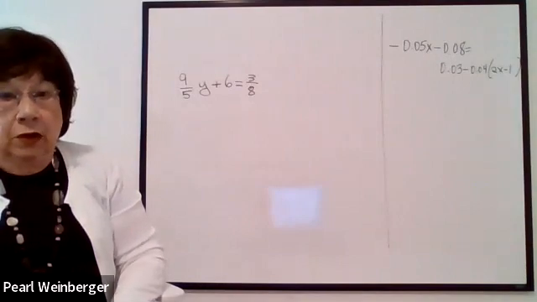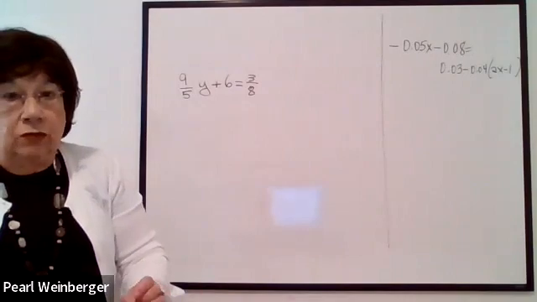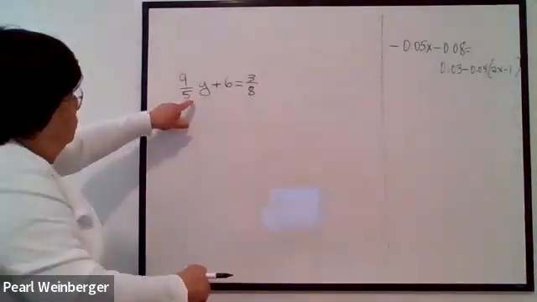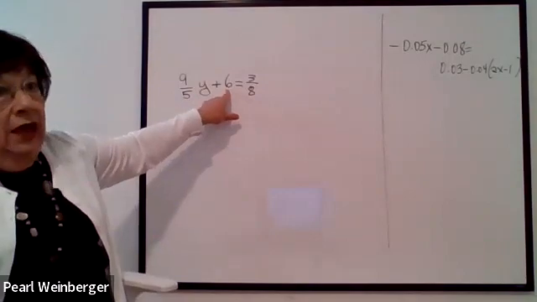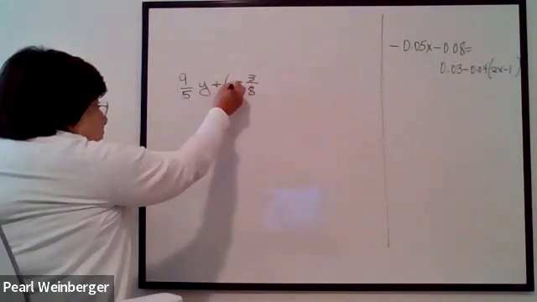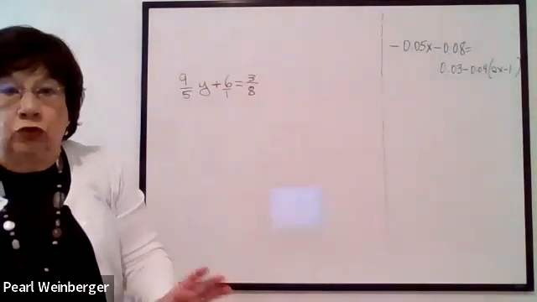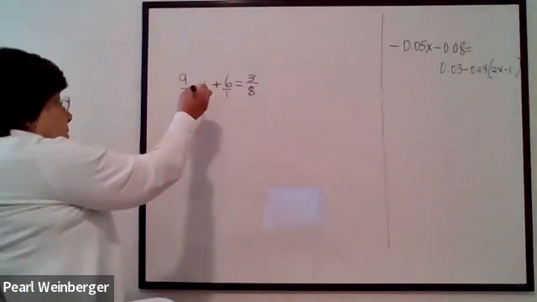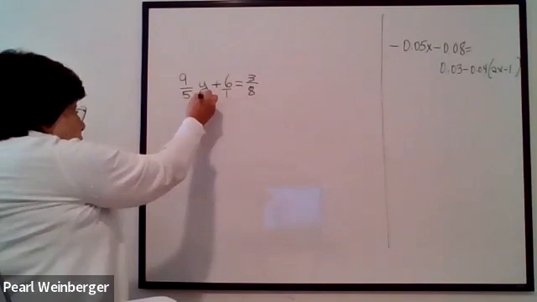So the first thing we want to do is make sure that everything in the equation is written as if it's a fraction, which means in this case, we happen to have the 6, which isn't a fraction. So any whole number you can make into a fraction by putting it over 1. Make sure everything is in fractional form. This is also over 1.